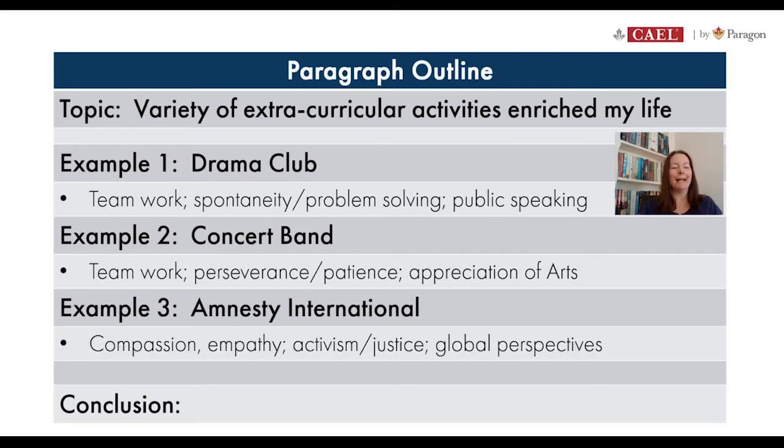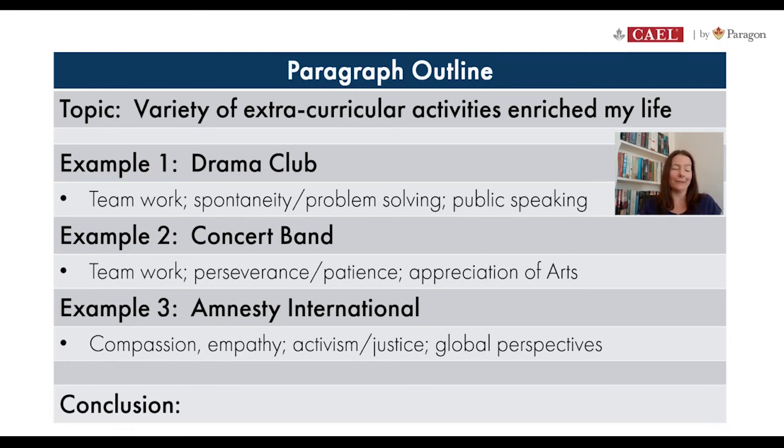Now, lastly here, Amnesty International, that's a pretty serious group compared to my first 2. Amnesty International is focused on identifying human rights issues and looking at ways to support people to alleviate suffering around the world. So of course, belonging to such a group would definitely establish and strengthen values of compassion and empathy for other people.